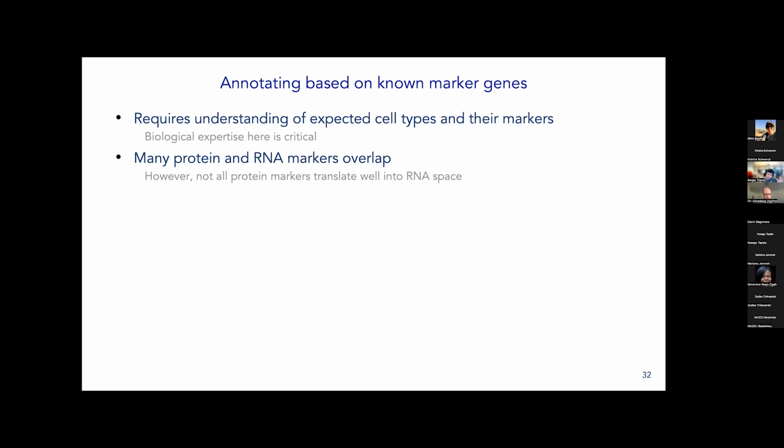This is very common given that there can be post-translational modifications, post-transcriptional modifications, as well as different levels and amounts of what the protein may imply and the RNA may imply. So this is kind of a miss sometimes, so it's just something to take into account. Even if you know your biology very well, that doesn't mean that you will always be able to find these markers that were traditionally used to determine what a cell type was.